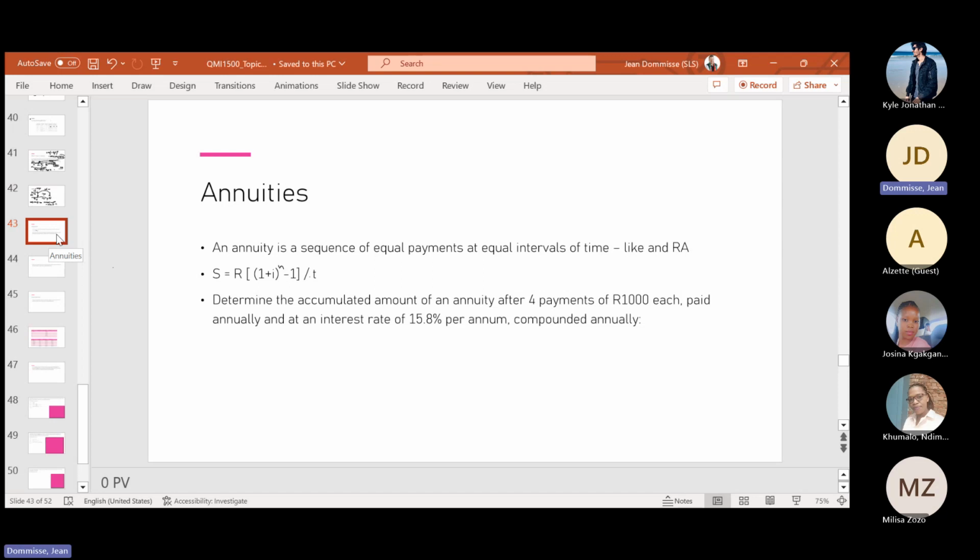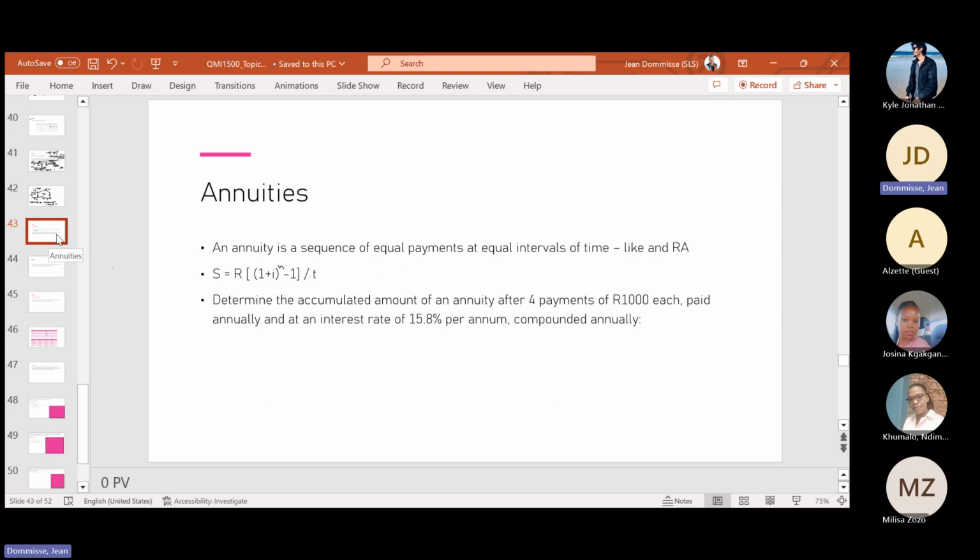Annuities are basically any pension product. If you're working and you have a provident or pension fund at work, that is an annuity. If you have bought a retirement annuity, or RA, that's an annuity.